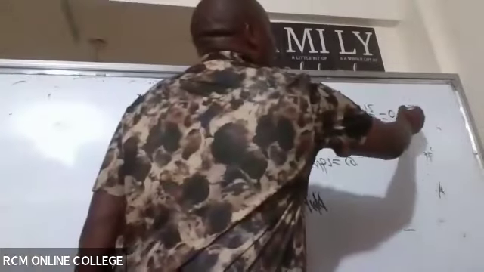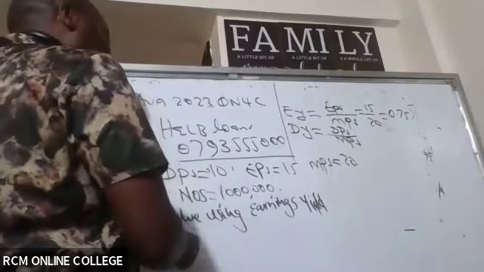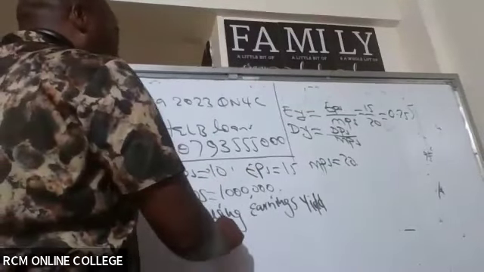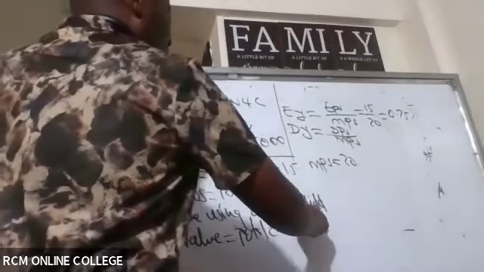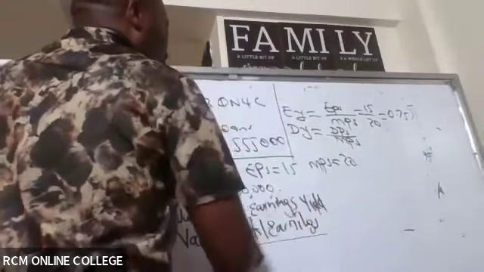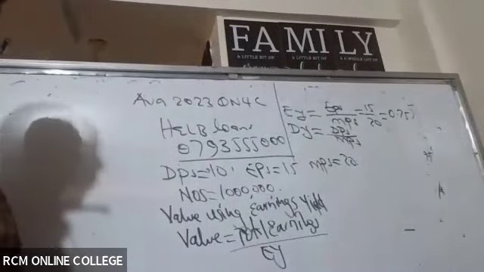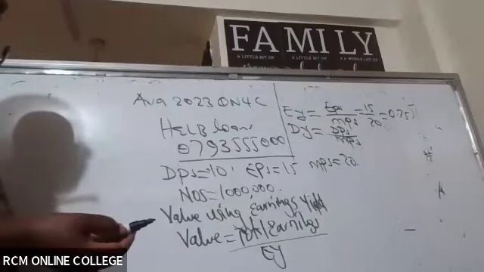And then what I would want to do to get the value using earnings yield: value will be total earnings all over earnings yield. Fortunately, there is no growth rate.